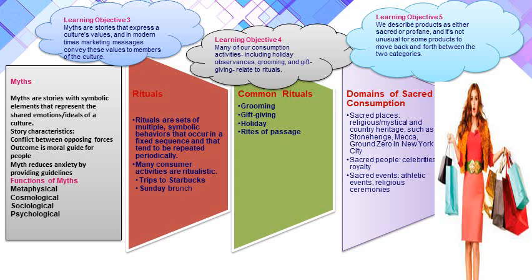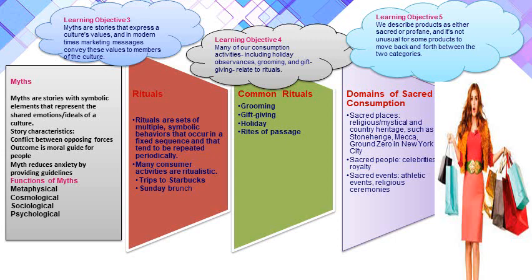Objective 4. Many of our consumption activities, including holiday observation, grooming, and gift giving, are related to rituals. Objective 5. We describe products as either sacred or profane, and it's not unusual for some products to move back and forth between the two categories.